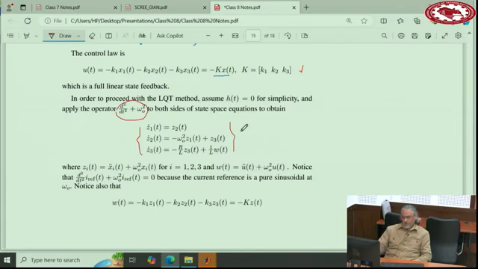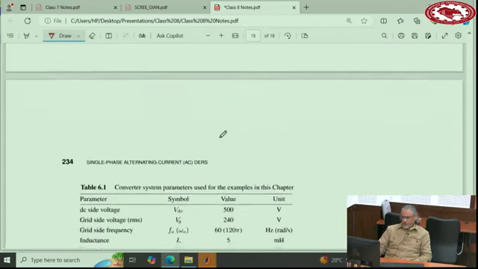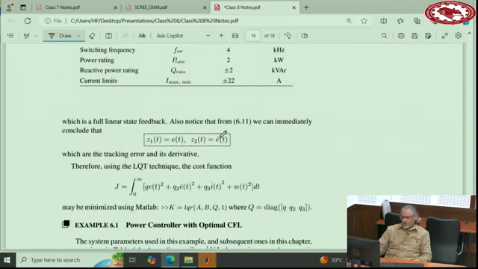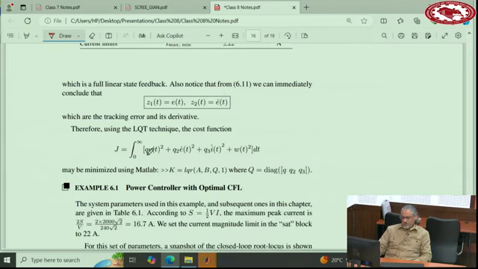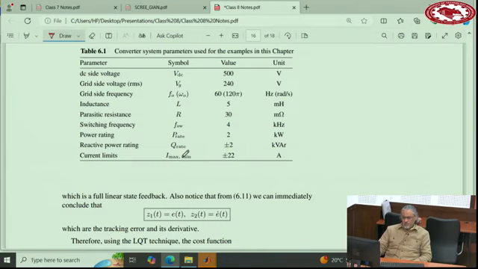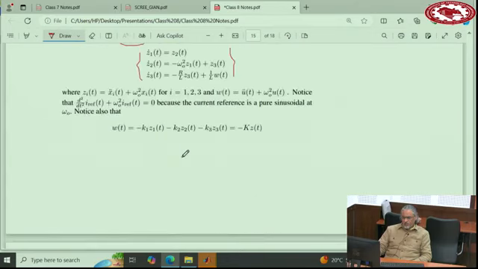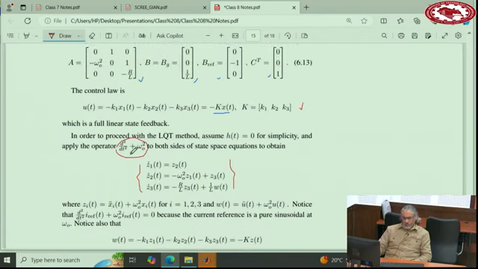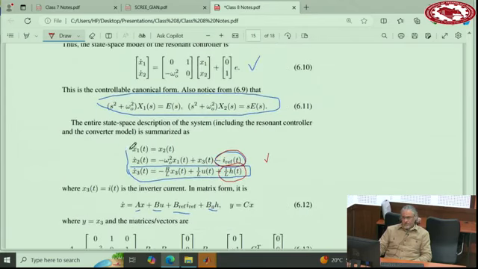So this is an LQR problem. We can apply LQR. So what is the cost function? The cost function, general form, is Q1 times error squared, Q2 times error dot squared. Why error and error dot? Because what is Z1? Z1 is this transformation applied to X1. And Z2 is this transformation applied to X2. Now look at this equation.